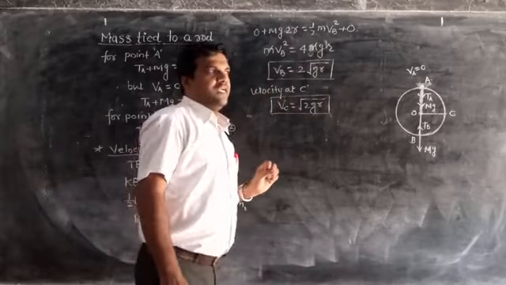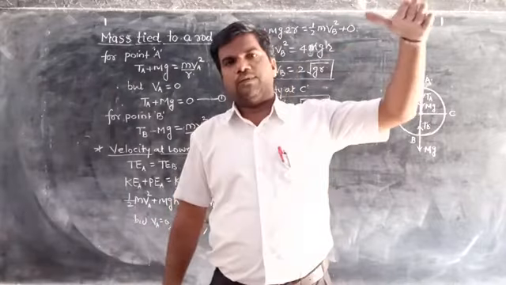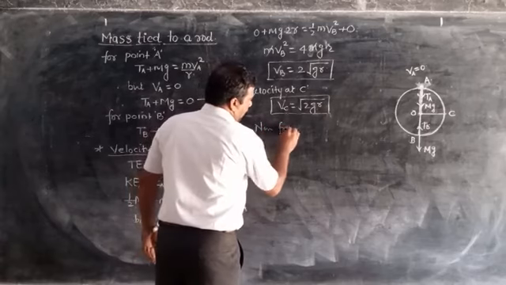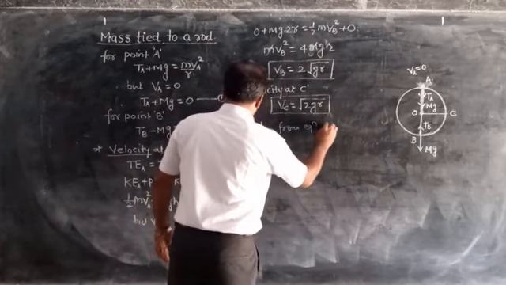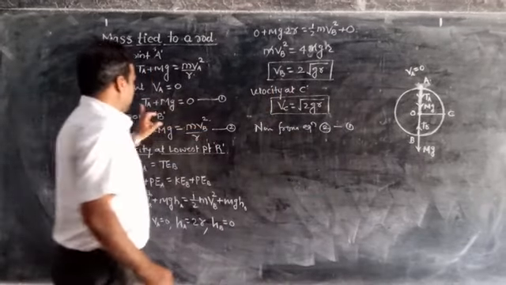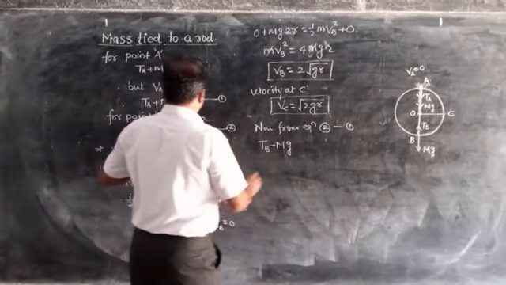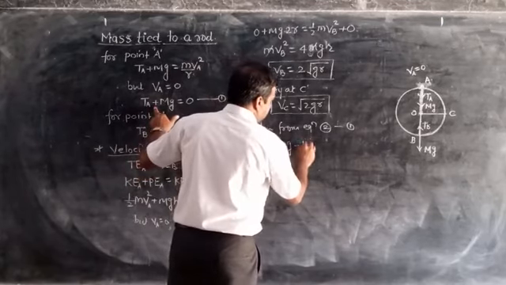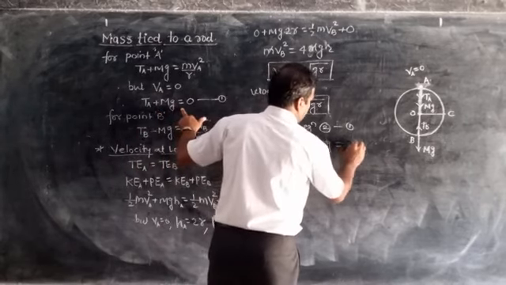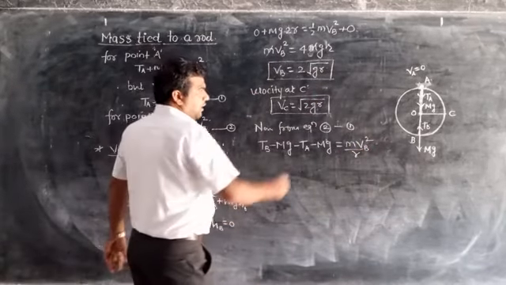Now we have to show that the difference between the tension at the lowest position and the highest position is 6mg. So now from equation 2 minus 1, this is equation 2, this is equation 1. So TB minus mg minus equation 1, TA plus mg, is equal to mVB square by r.